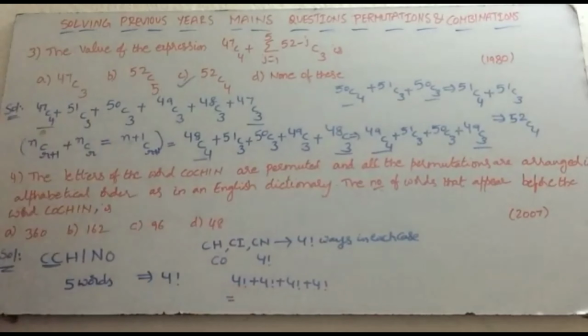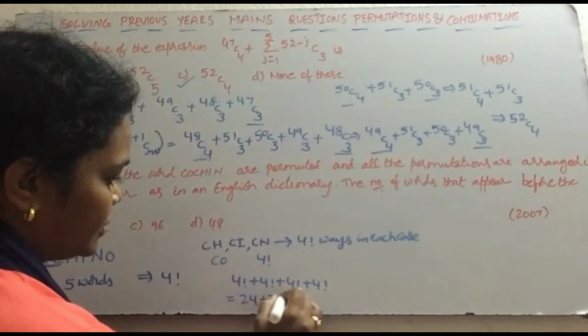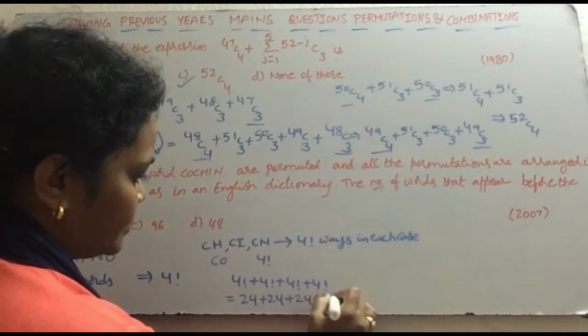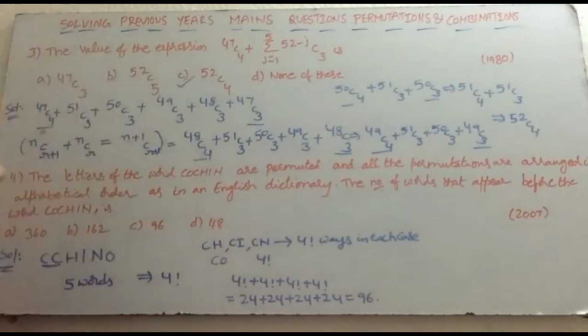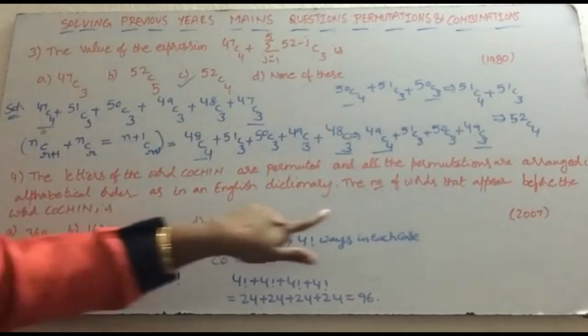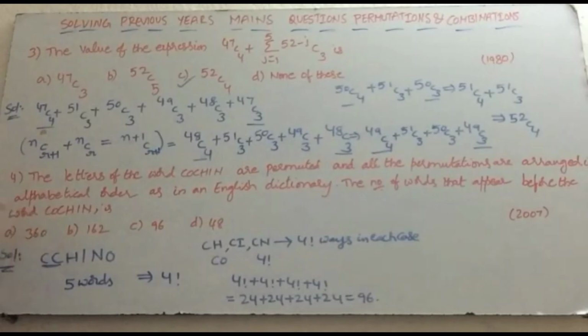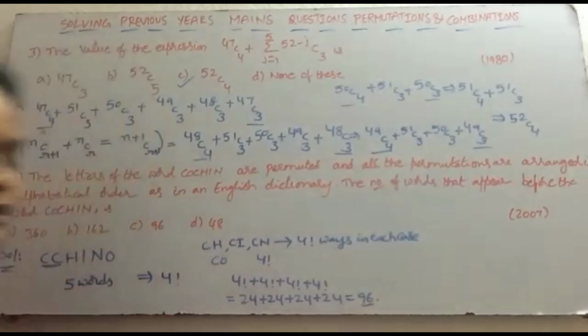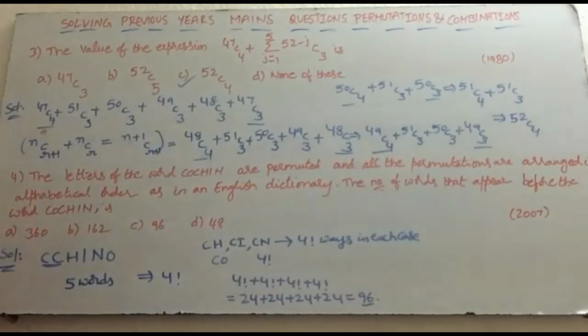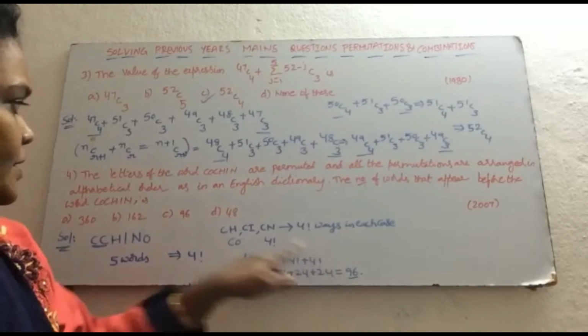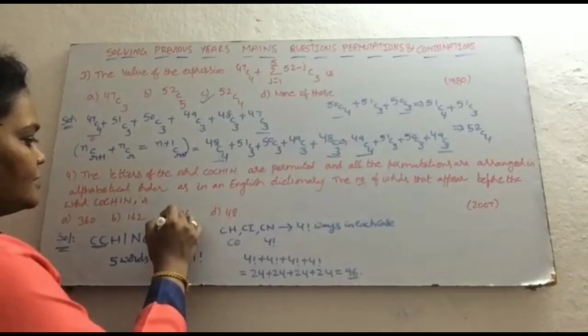What is 4 factorial? 24. So 24 plus 24 plus 24 plus 24 is equal to 96. So before the word Cochin appears, we have 96 words. So the option is C, 96.